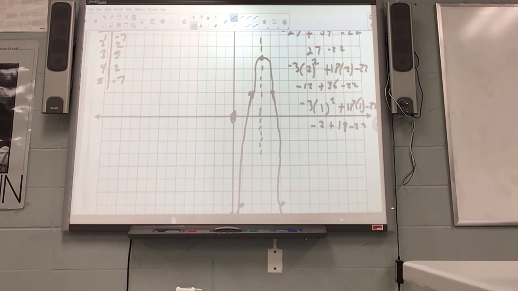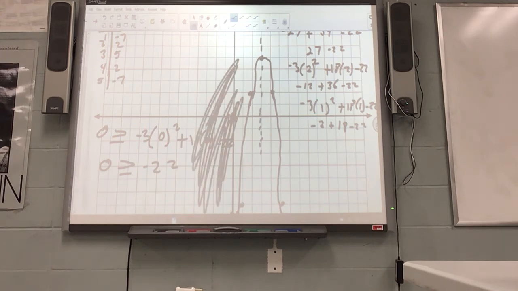So that would say 0 is greater than or equal to -3 times 0 squared plus 18 times 0 minus 22. So 0 squared times -3 is 0, 18 times 0 is 0. All we're left with is 0 is greater than or equal to -22. True or false? True, and that's outside, so we shade outside.